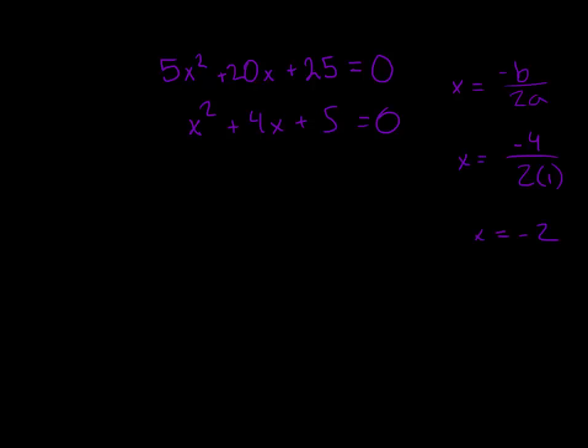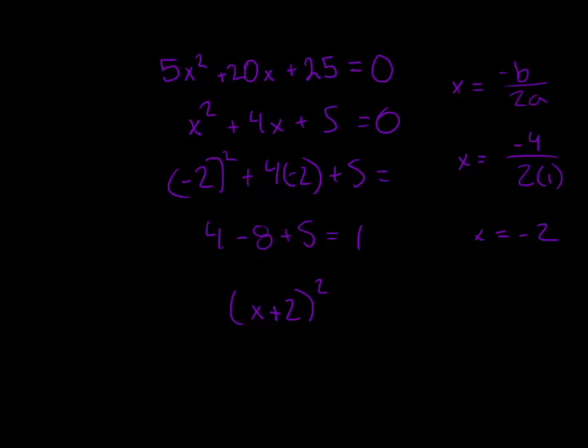Take -2 and plug it into your equation to get the proper y value of the vertex. -2 squared plus 4 times -2 plus 5 is equal to 4 minus 8 plus 5, which is equal to 4 minus 8 is -4 plus 5 is +1, which means our vertex form must be (x plus 2) squared plus 1.